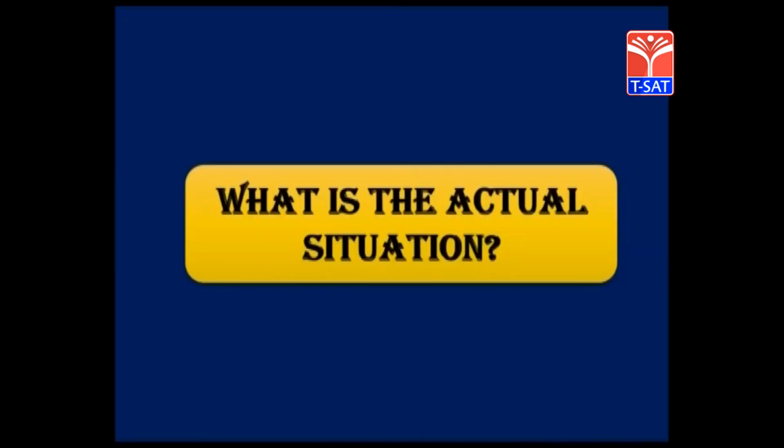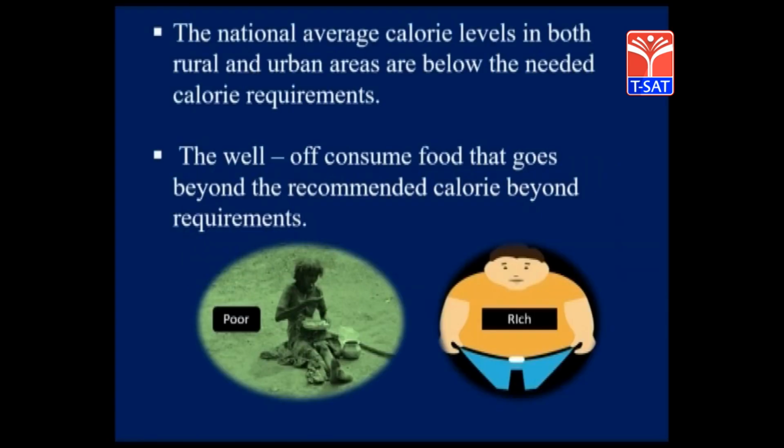So what is the actual situation? What we have discussed are the standards. So what is the actual situation in our country? The national average calorie levels in both rural and urban areas are below the needed calorie requirements.